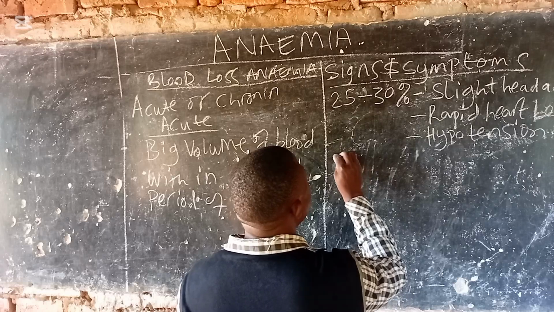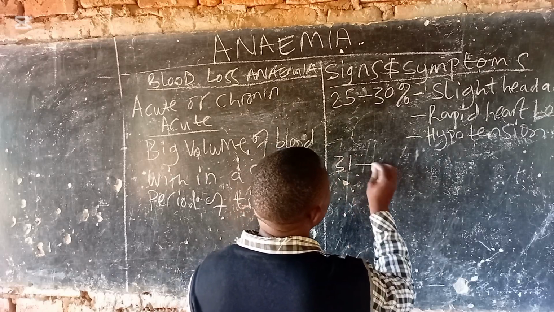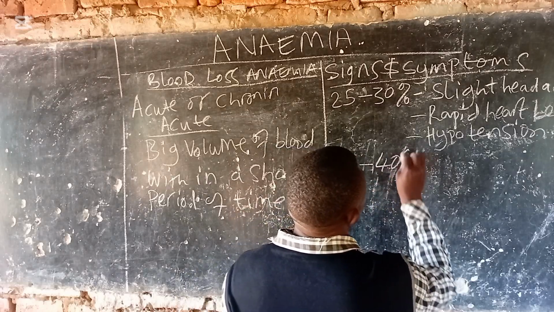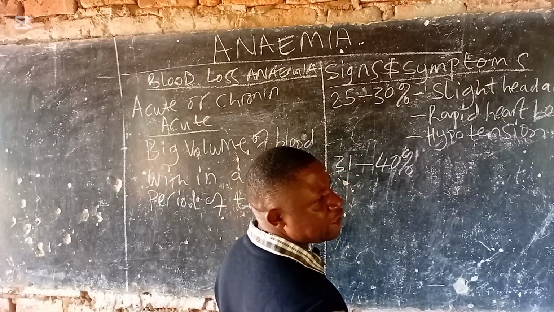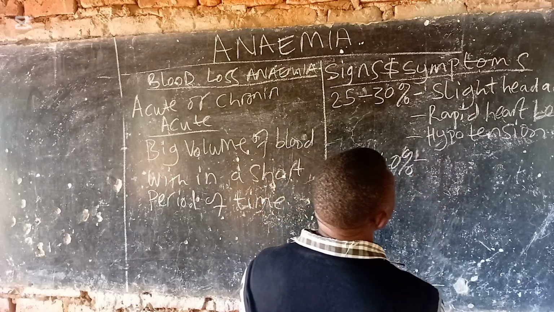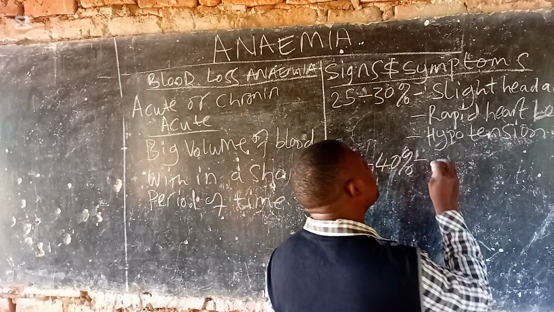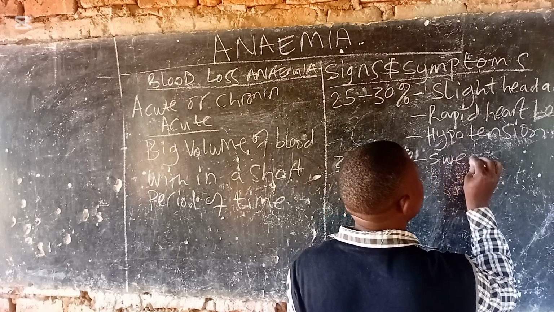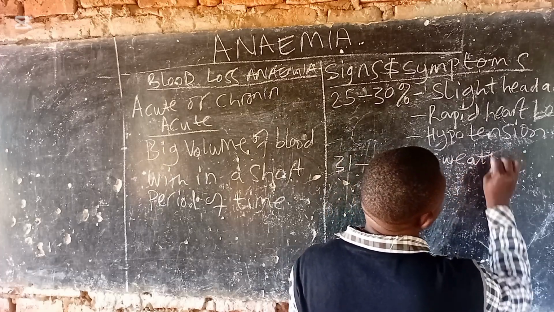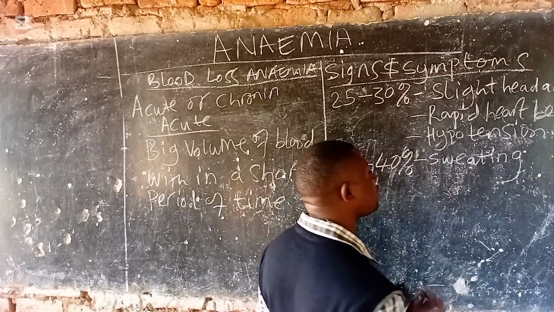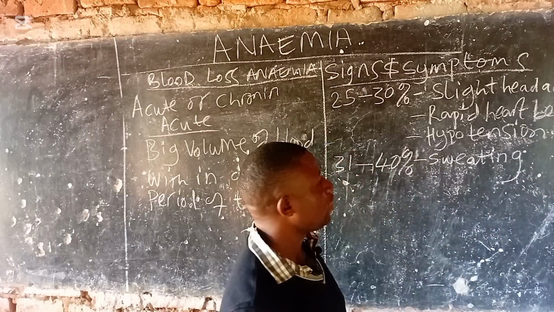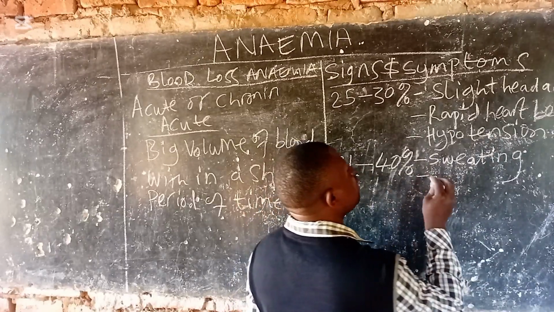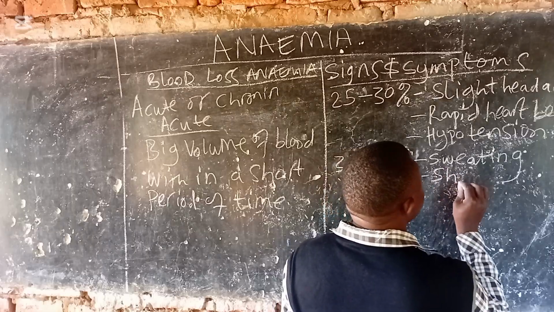When you lose 31 to 40% of your blood, somebody will start sweating. Okay, and shortness of breath.